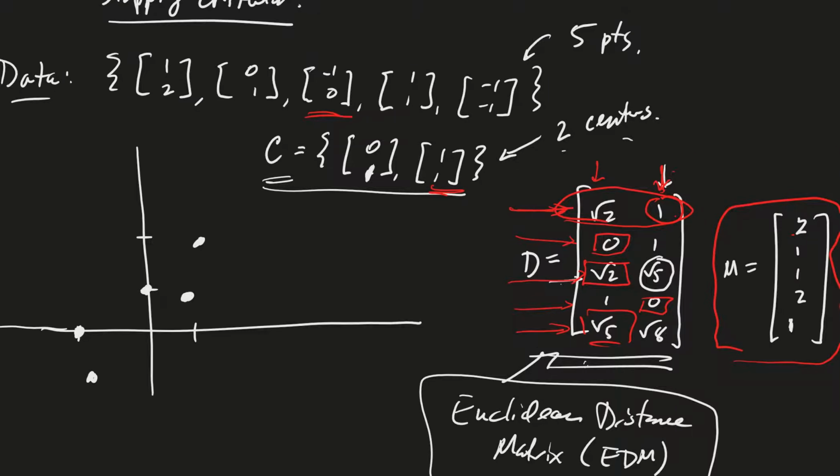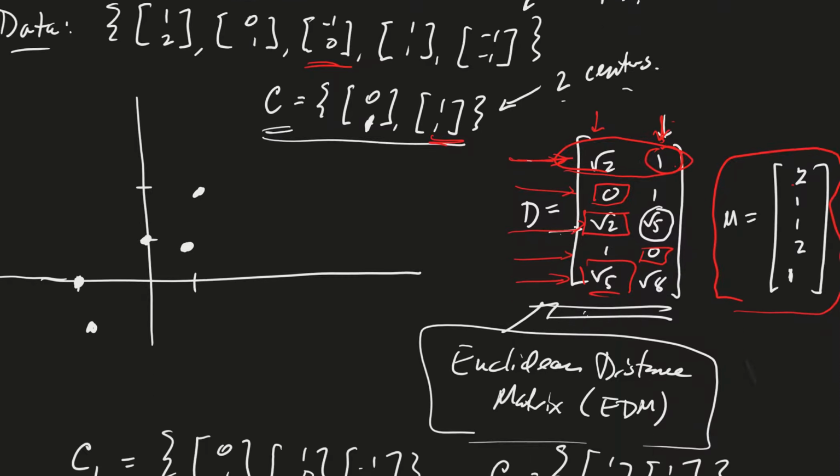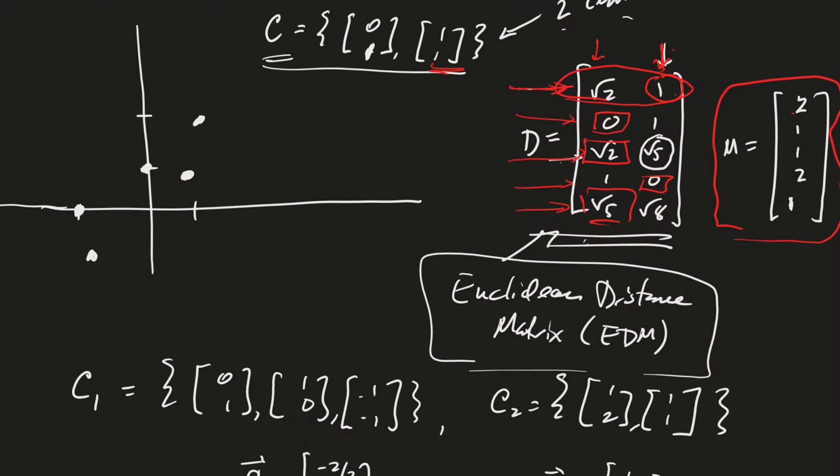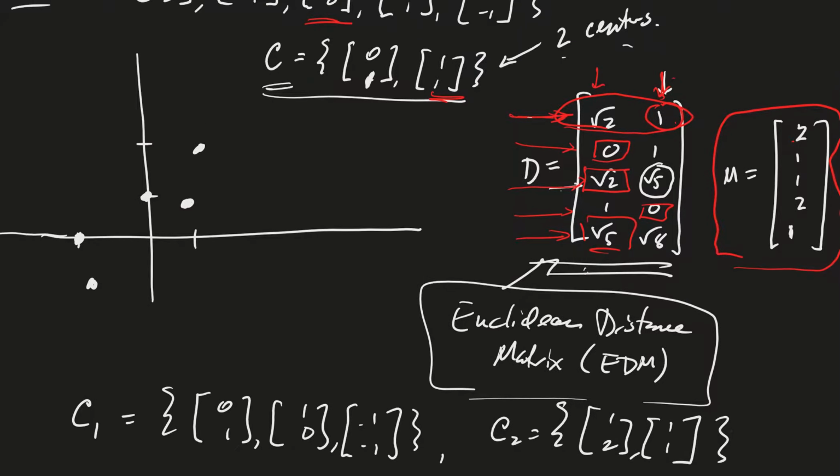Once you have your Euclidean distance matrix set up, you look for the minimums in each of the rows and figure out the membership, and then we go down and reset the clusters. Here we have (0, 1), (1, 0), and (-1, 1) in one group. Let's see where those are.